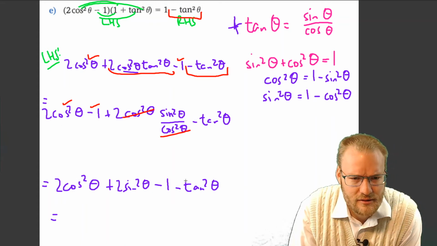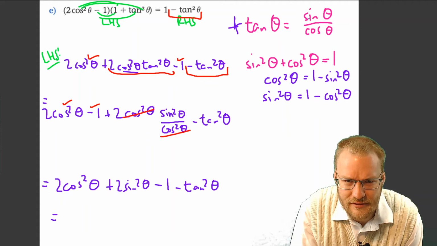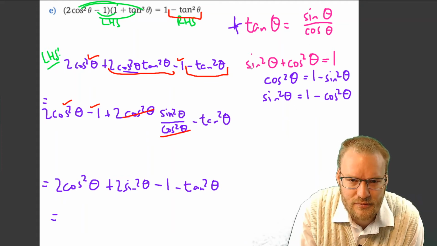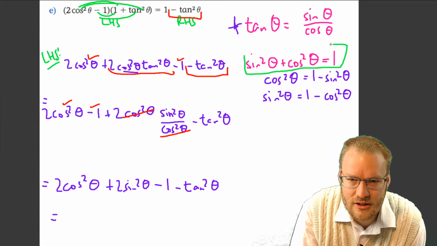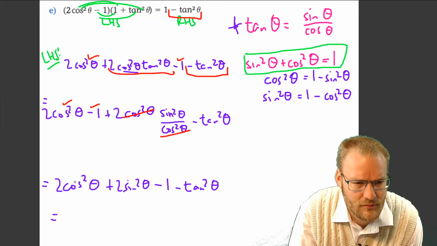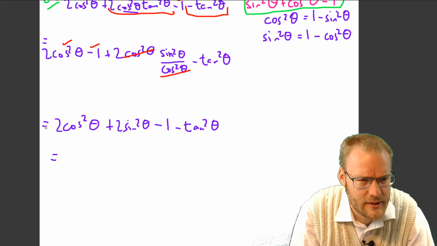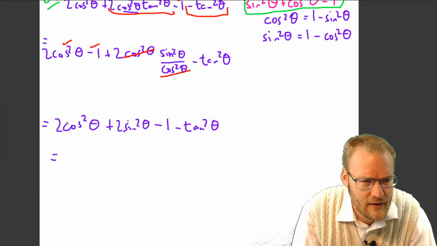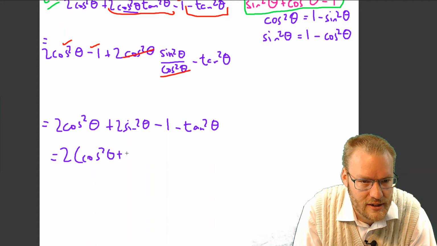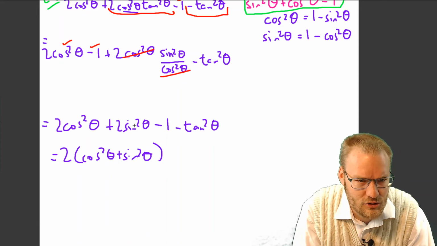Now we start looking and saying, do any of these other trig identities hold? Well, what about sine squared theta plus cos squared theta equals 1? But instead of having one of them, we've got two of them. So this is the same as 2 times cos squared theta plus sine squared theta. There are two of them.